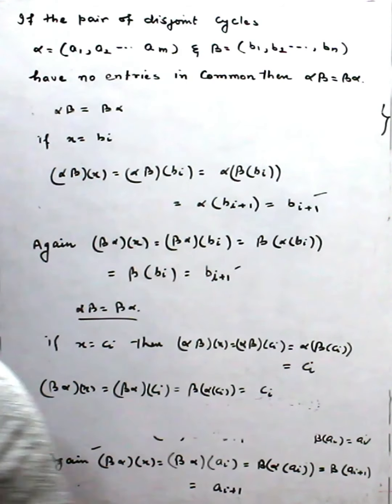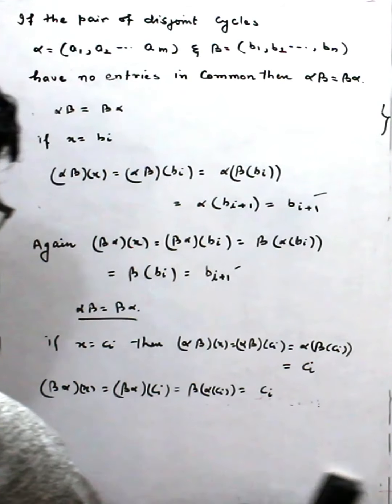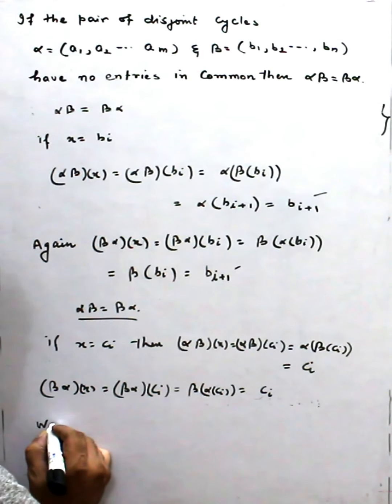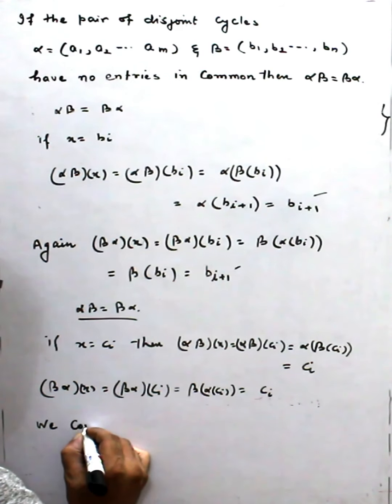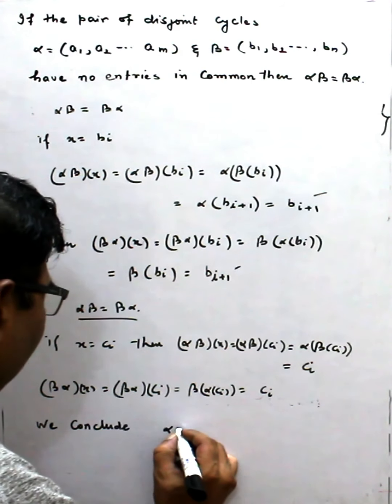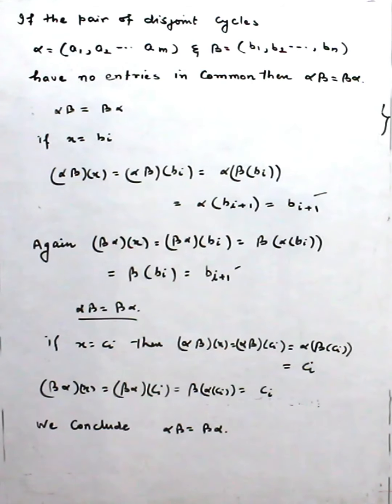So we conclude from this for Ci also that alpha beta is equal to beta alpha, right? So this is commutativity.